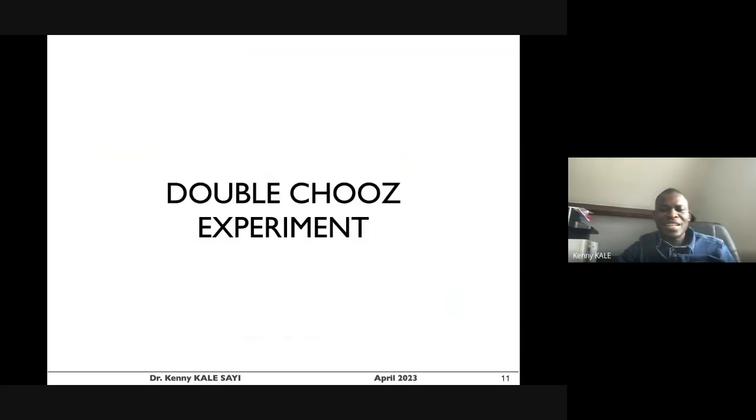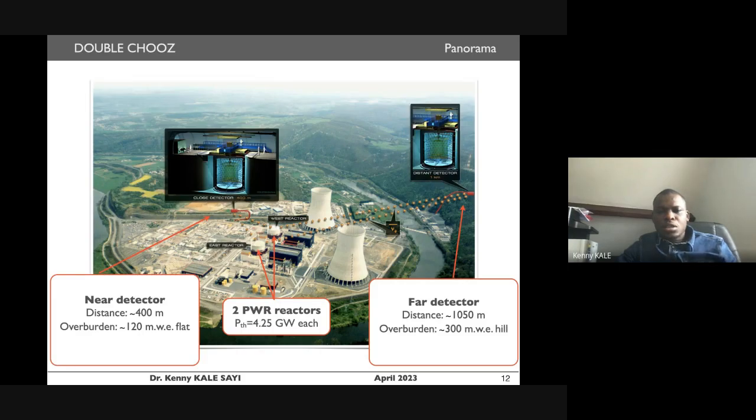so I want to tell you now my last part about my work on neutrinos. My work is what we call the Double Chooz experiment. From beta decay, a nuclear power plant produces neutrinos.